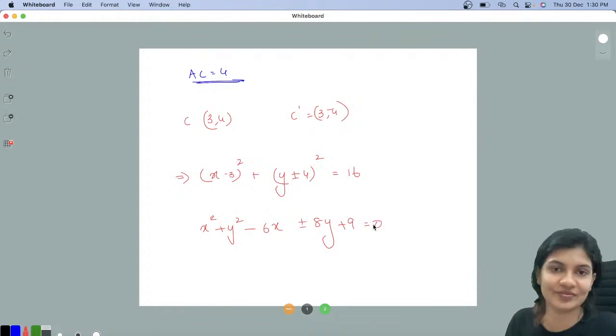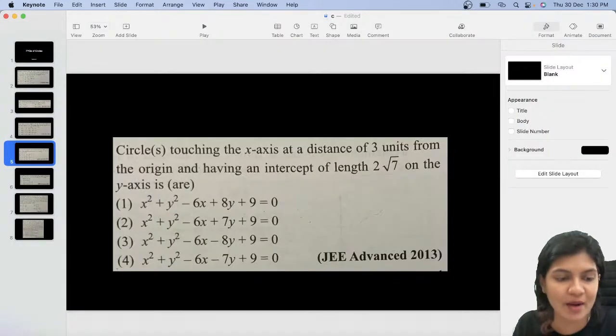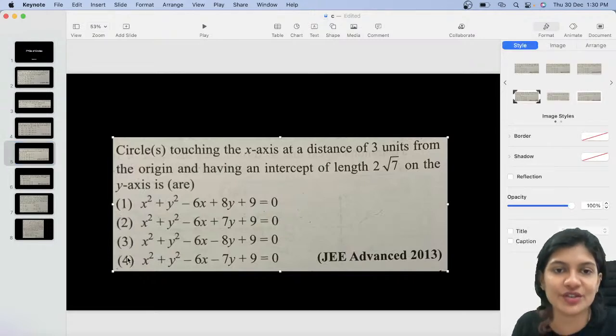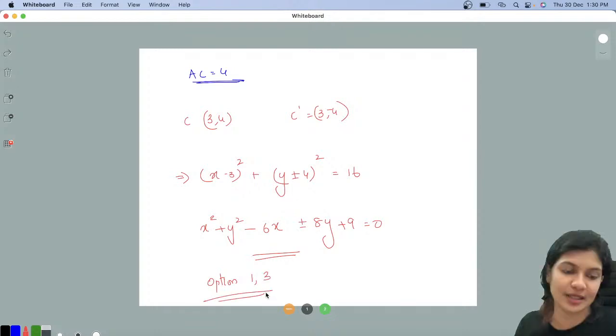So that would be your answer, either plus or minus, which is option 1 and option 3. Option 1 and 3 will be your answer. It is a multi-correct answer question.